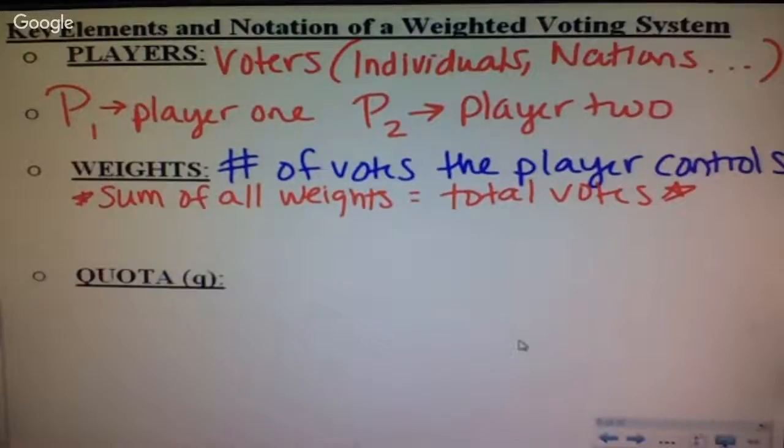So if it's myself, Ivan, and Kimberly, and I've got 10, Ivan's got 5, and Kimberly's got 2, my 10 plus Ivan's 5 plus Kimberly's 2 gives us a total weight of 17. You'll see these written as W sub 1, which means weight 1.